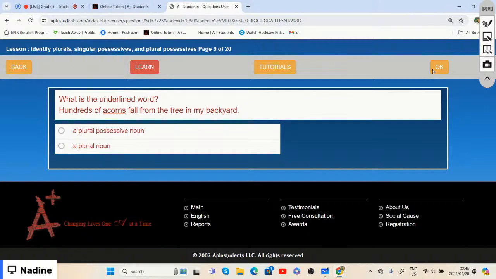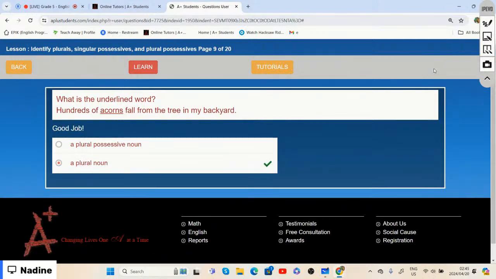We need to say if it's a plural possessive noun or if it's just a plural noun. So acorns, it doesn't show anything about owning something, ownership, something that belongs to them or someone else, right? So we can just say that this is more than one, not just one acorn, but more than one acorns that is falling from the tree in my backyard.